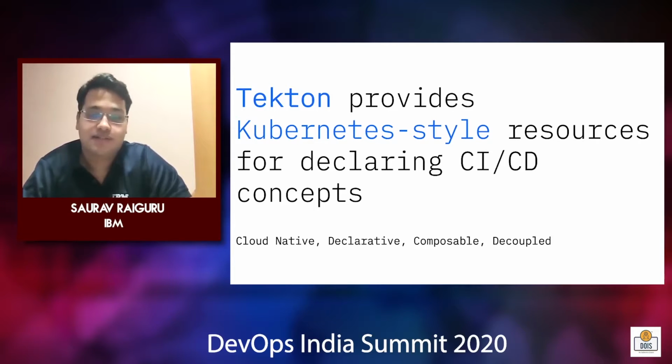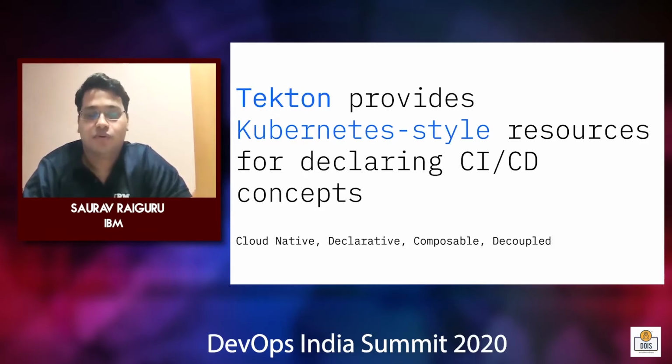What that actually means is that Tekton, as a project or application, runs as a Kubernetes resource by itself, built using custom resource definitions in Kubernetes, much like the pods, deployments, and replica sets that it leverages.